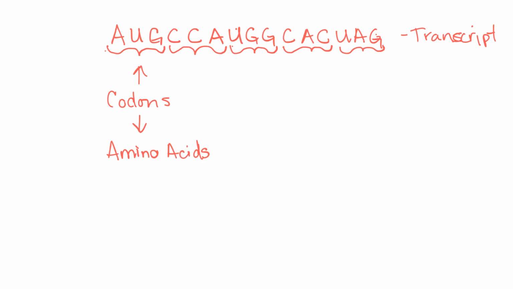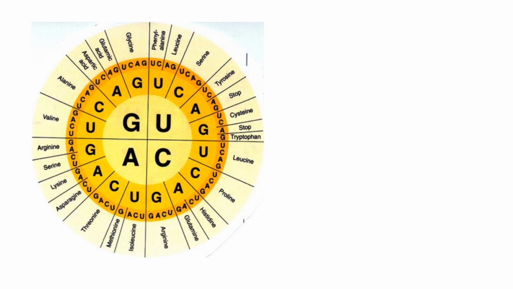So we have to use a codon chart in order to decode this transcript. The codon chart can look something like this.